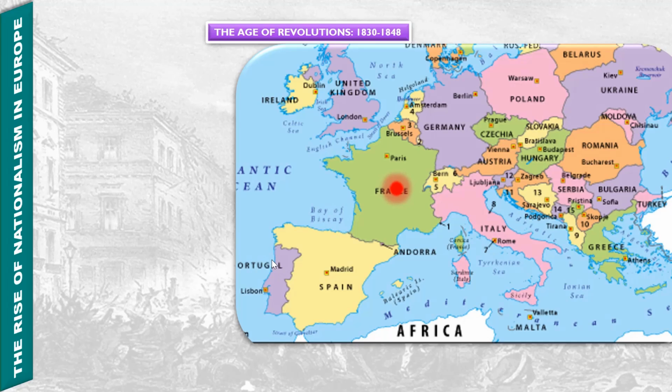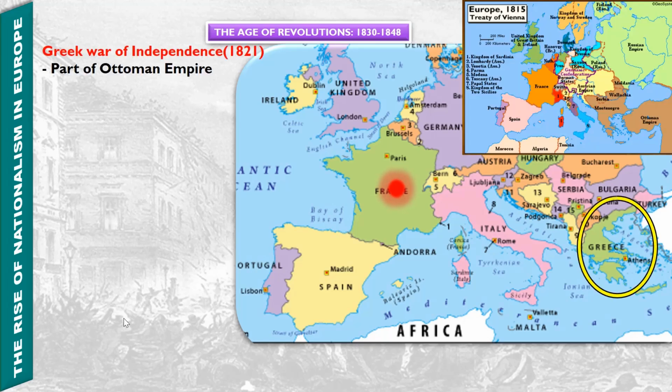An event that mobilized the nationalist feelings among the educated elite across Europe was the Greek War of Independence. Greece had been a part of the Ottoman Empire since the 15th century. The growth of revolutionary nationalism in Europe sparked off a struggle for independence amongst the Greeks, which began in 1821.